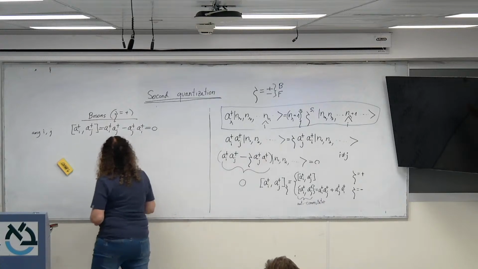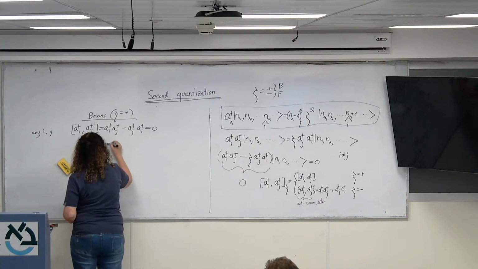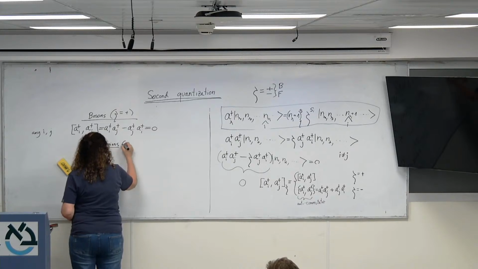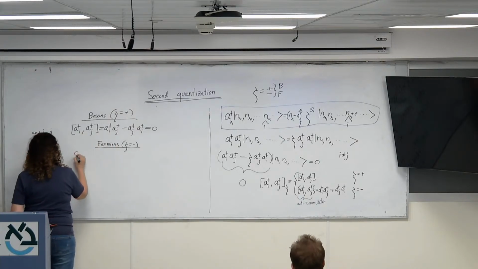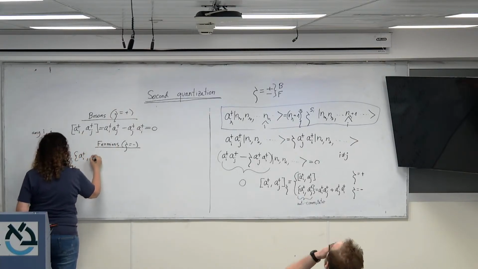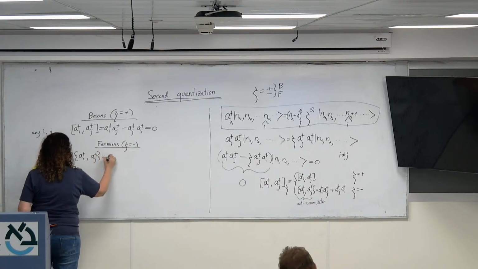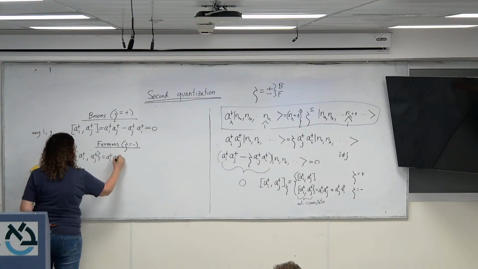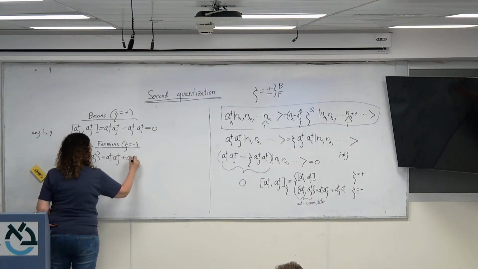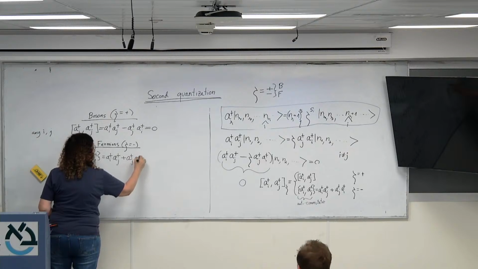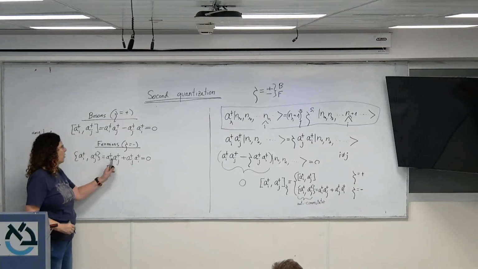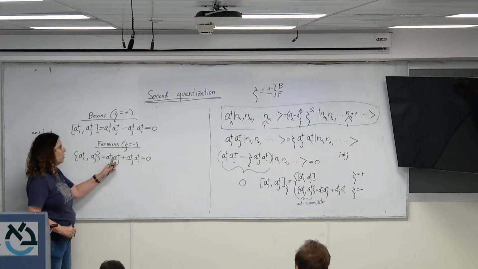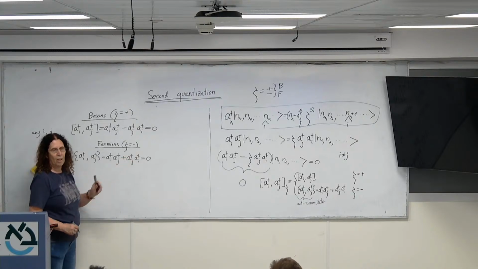Okay. For fermions, we also get the same, but for the anti-commutator. Writing it explicitly, this is an anti-commutator equals 0, and actually, again, what does this mean? It means that the operator a_i dagger a_j dagger is minus a_j dagger a_i dagger.